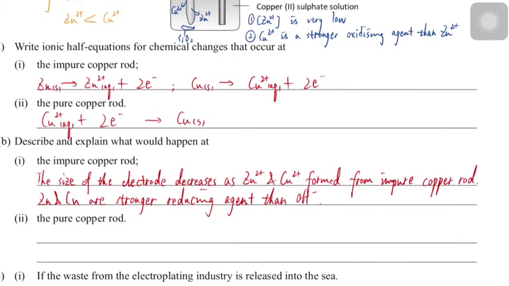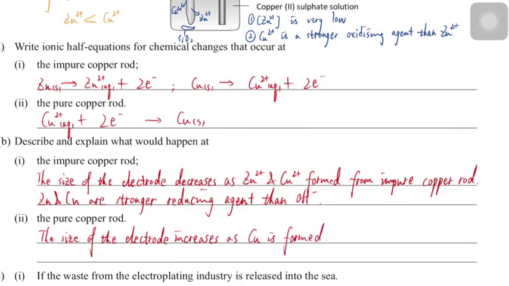Okay, so at the pure copper rod, copper 2 ion gains electron and turns to copper, so the size of the electrode would increase, as copper is formed.